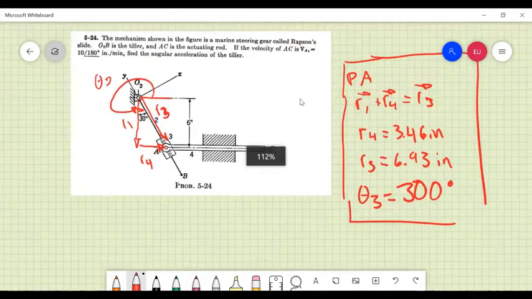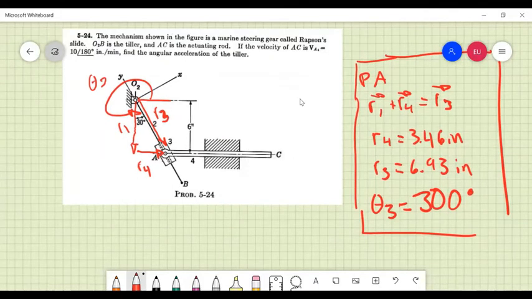Okay. Now in this particular problem, they are giving me this data corresponding to velocity. You see, it says the velocity of AC, which means all this link here. I'm going to color that. That's link AC. The velocity of AC is equal to 10 inches per minute, acting at 180 degrees.